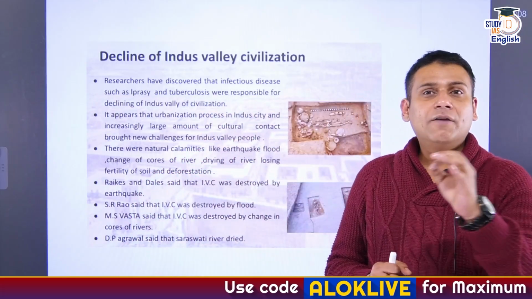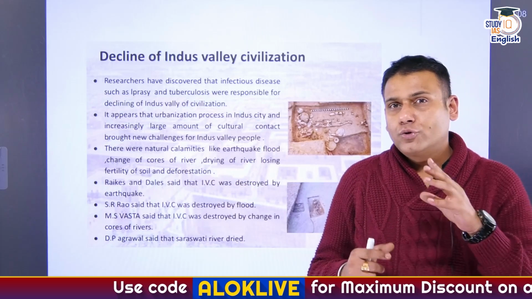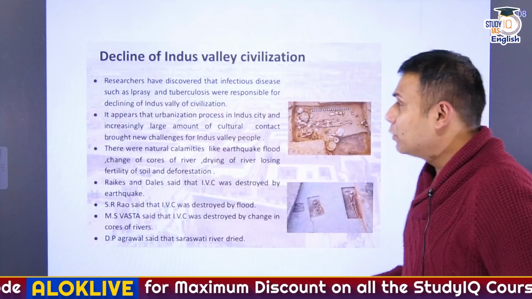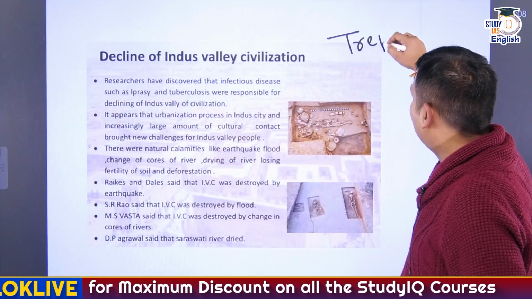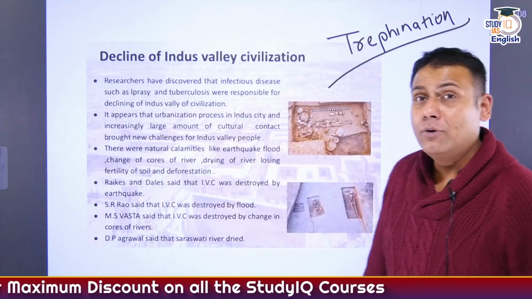Apart from this, the first artificial brick dockyard was constructed at the site of Lothal. So to an extent, these people might be aware about the ebb and the flow of tides. There was one practice that was followed by the people of Indus Valley civilization, particularly at the site of Lothal, Kalibangan and Burzahom.